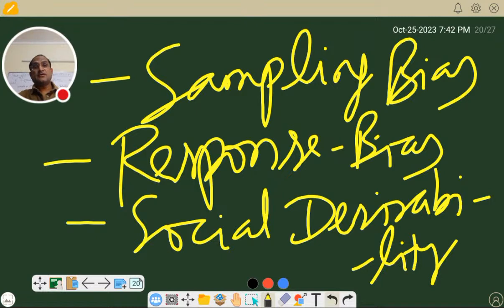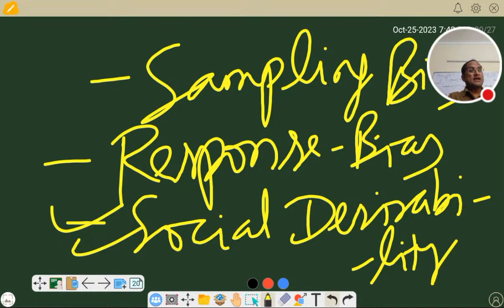I'm so efficient a person. Social desirability. Everybody wants to show their image as somebody who is very efficient, effective, honest, with integrity. So these biases may affect the research: sampling bias, response bias, social desirability.